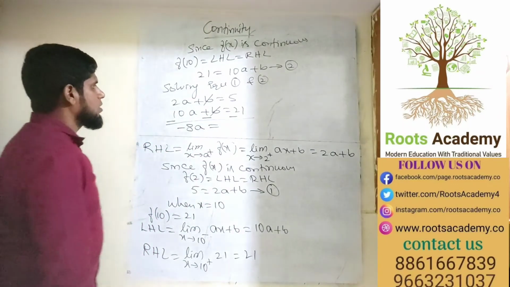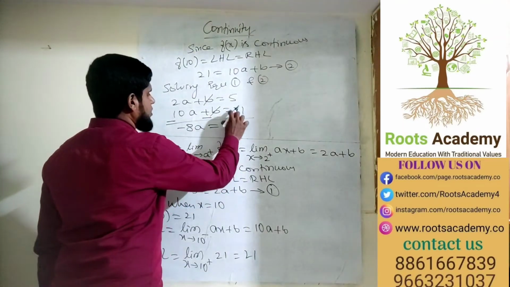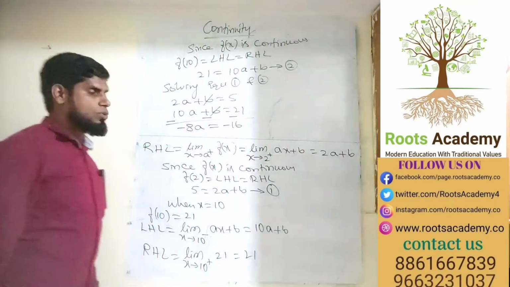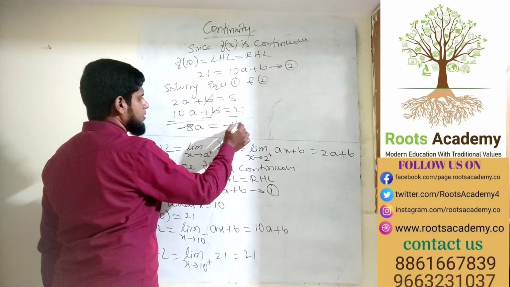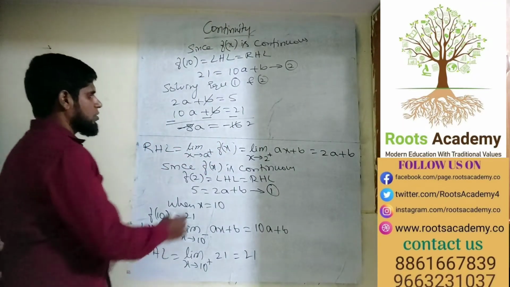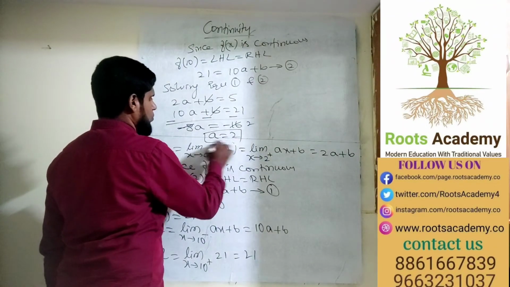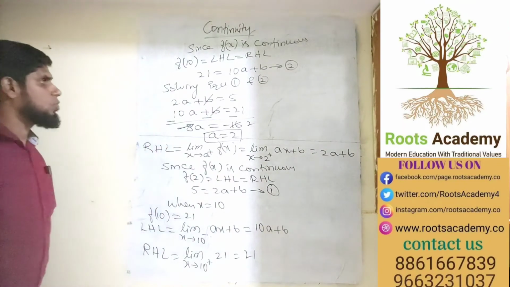So this is 16. Sorry, it is minus 16. So minus 8 gets cancelled by minus 16, 2 times. So the value of A is equal to plus 2. The value of A is plus 2.